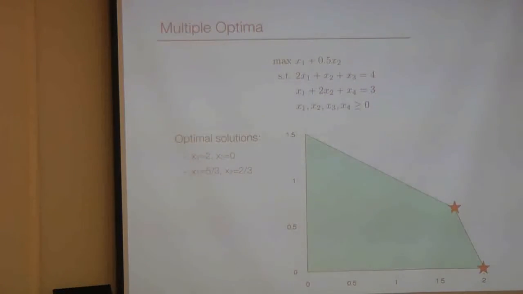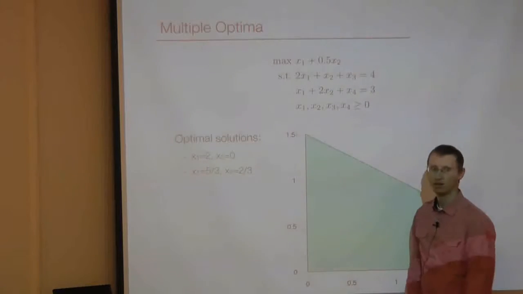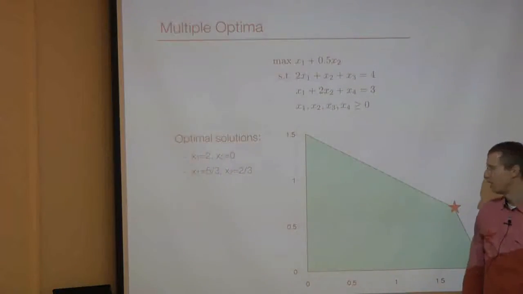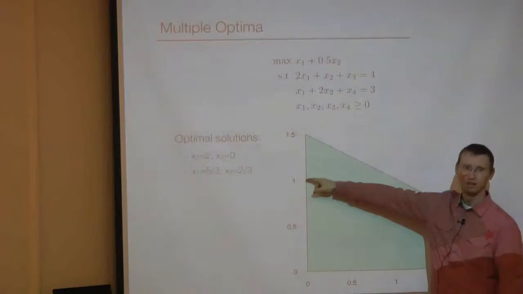So what has really happened here and why this multiplicity of the solution has occurred is that look at the objective function. If I would ask you to draw that objective function, how would it look like? So we can take, so we are drawing this one, so let's take x1 as 0. Okay? So x2 would be 1. Okay.